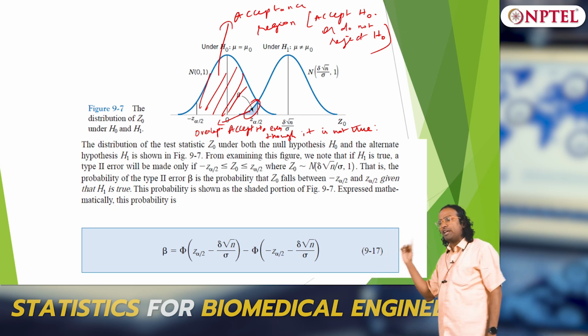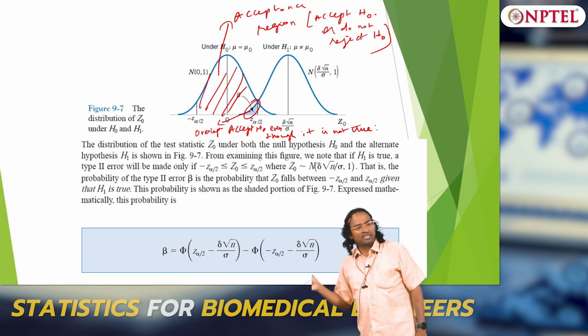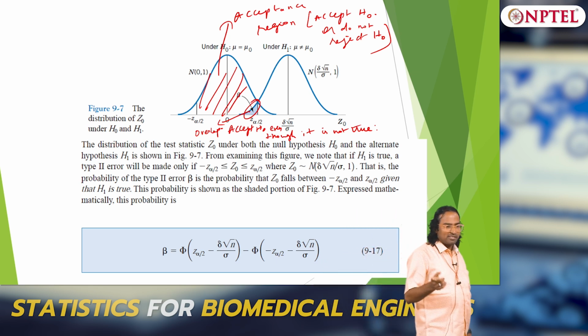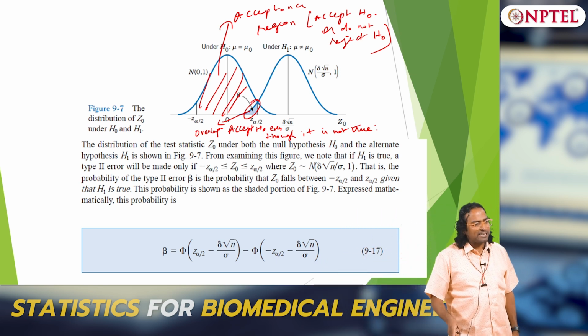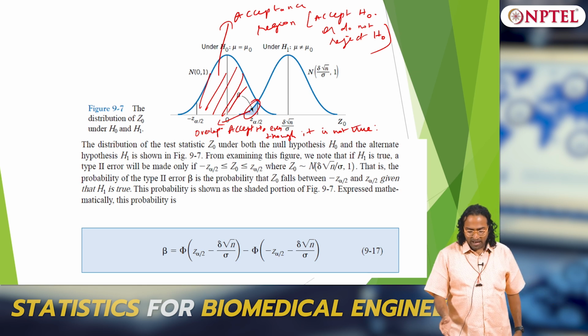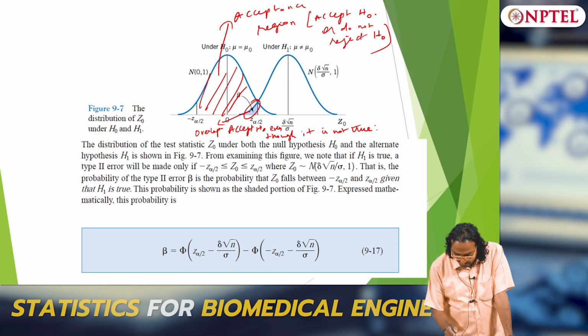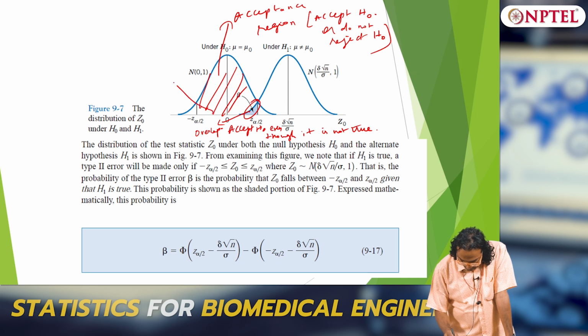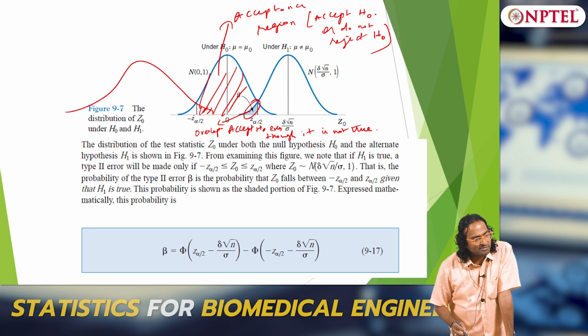Beta can happen only on one side. Now you understand, beta cannot happen on both sides. This distribution cannot overlap on the right side as well as on the left side. So the other curve could be like this, and this is my beta on the left hand side.